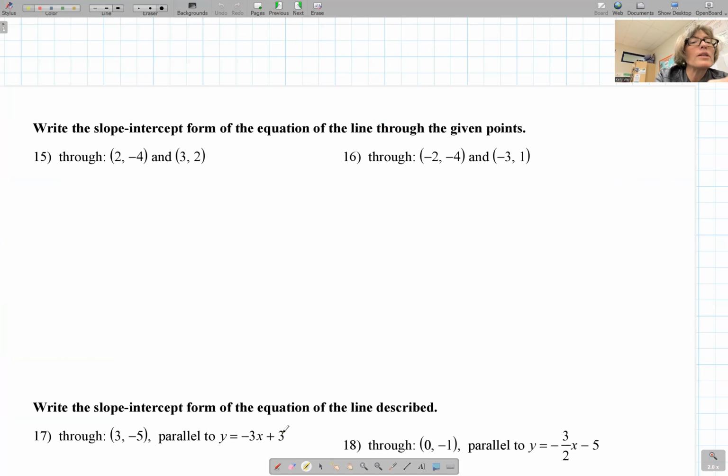Says here, we want to write the slope-intercept form equation of a line through the given points. Slope-intercept means y equals mx plus b. So for this, we only need 2 things. Ultimately, we need a slope and we need a b. So I'm going to start by finding the slope.